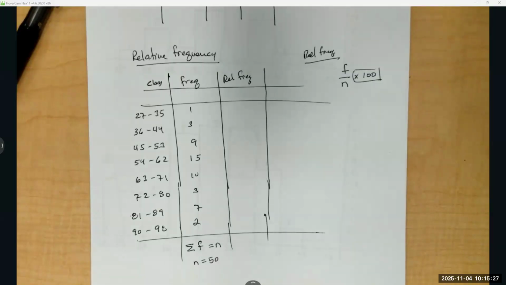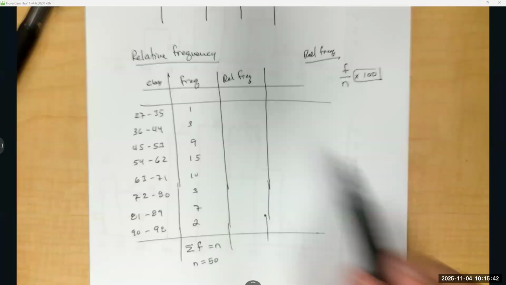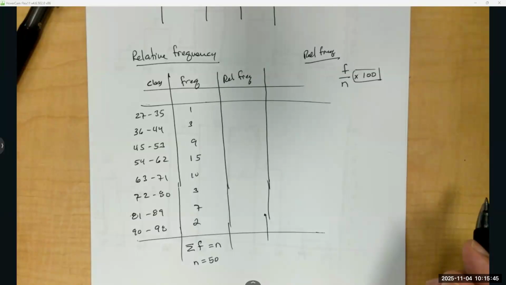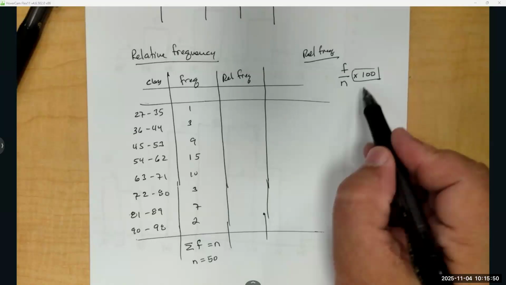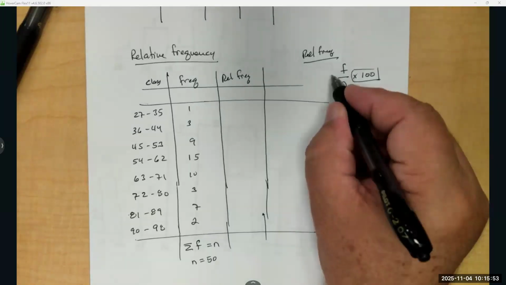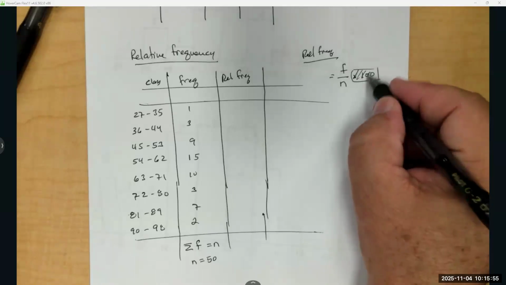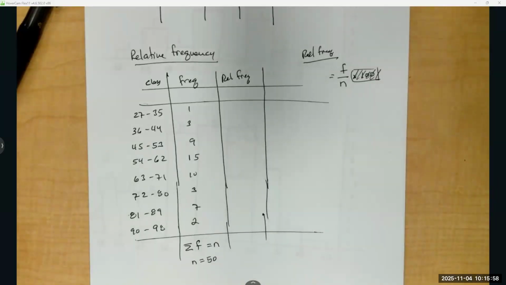So the relative frequency, let me get my calculator out. Asking for calculators from the audience will take forever, because you're too busy thinking. The first one, what is the relative frequency of the first set? Again, you can't do it in your head. It's a formula. There's your formula. This is the relative frequency formula. Forget the times 100 right now. So how do you find the relative frequency of the first set?